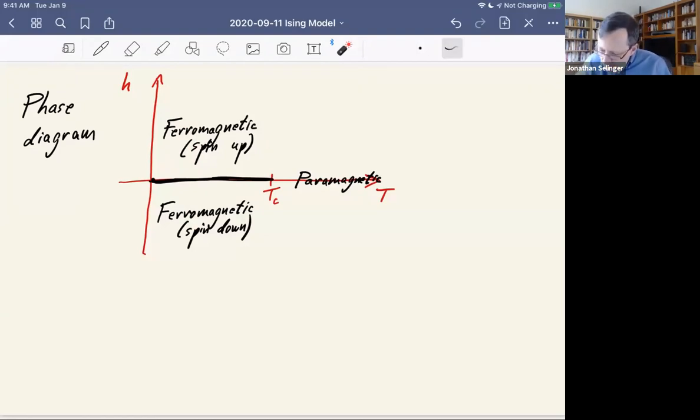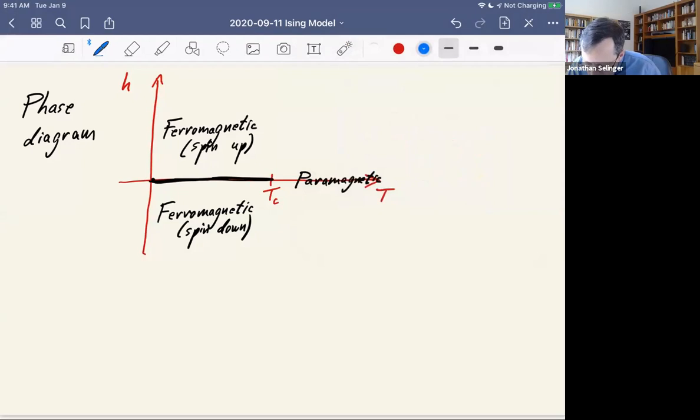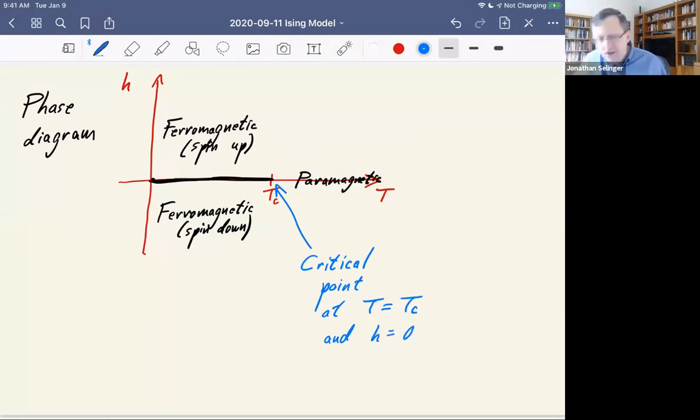So this is like a map that shows the different kinds of behavior that can occur. And I'll emphasize the most interesting point here is the point right there, the critical point. So that is at T equals TC and H equals 0.